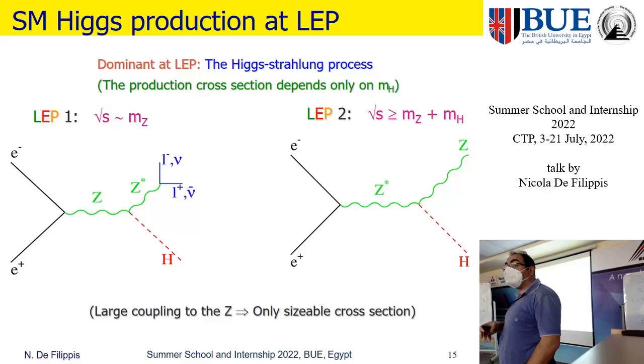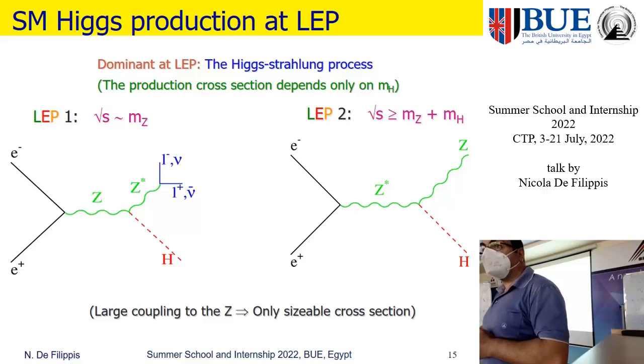are still some theoretical problems that are raised by the fact that the Higgs is so light. Okay, so not everything converges.